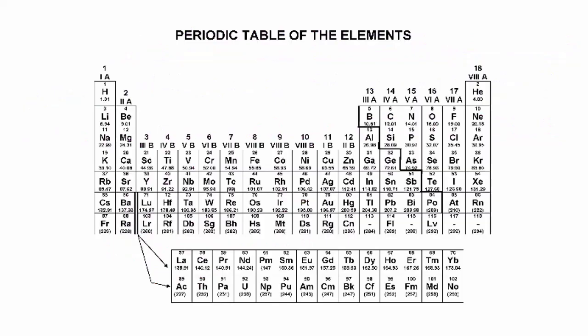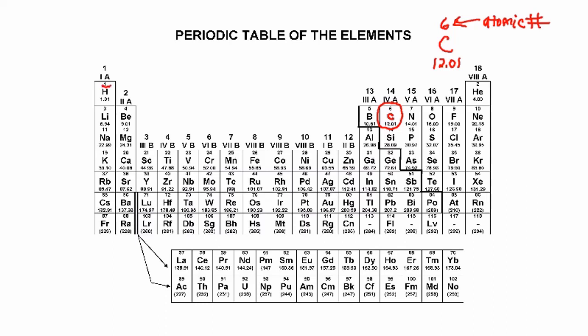Here is the periodic table, and here's what I was talking about. Here's carbon up here, and see it says C, and then there's a 6 above it and 12.01 below it. When you're reading the periodic table, this top number is the atomic number, and as you can see, everything is organized by the atomic number.